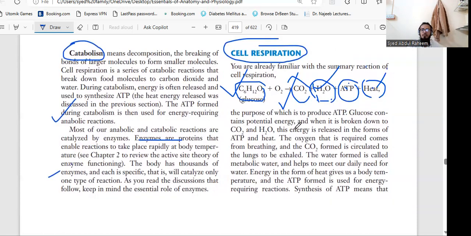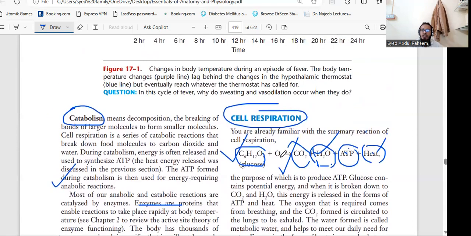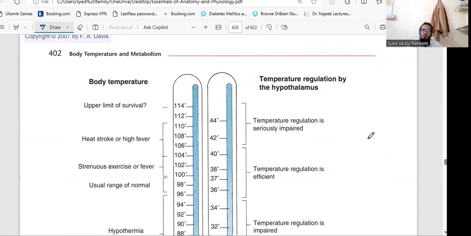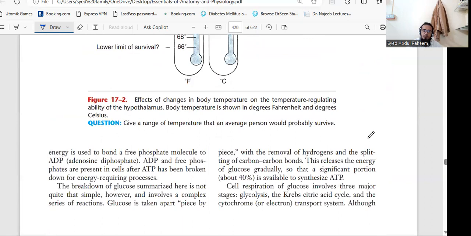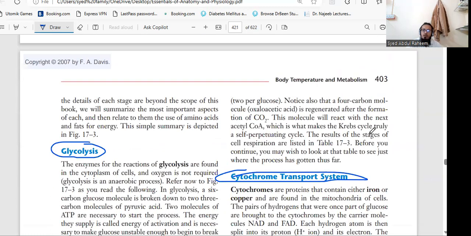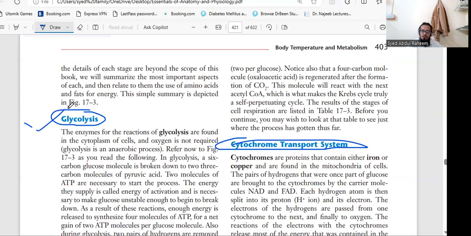So this is nothing but cell respiration. The carbon dioxide is exhaled. ATP here is utilized as an energy source for the cell. It is utilized to do the function of the cell. Okay, so this is very important. Now we will discuss glycolysis.